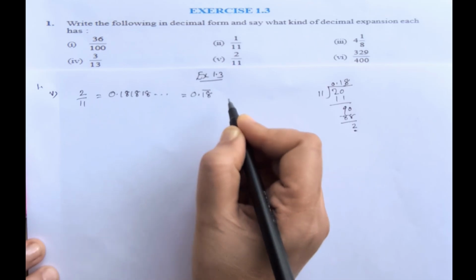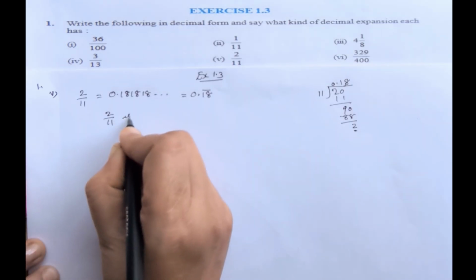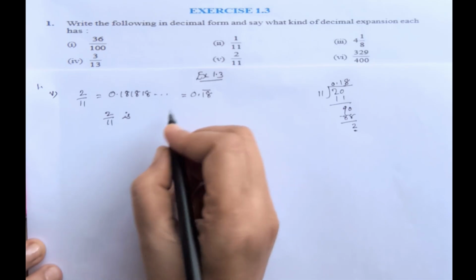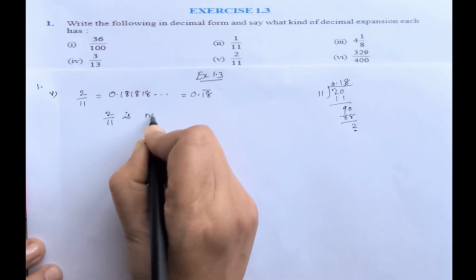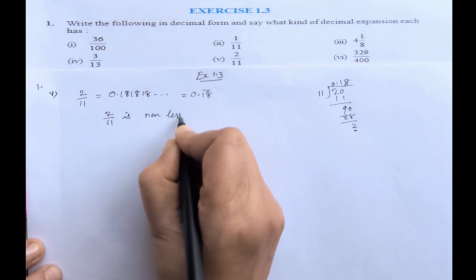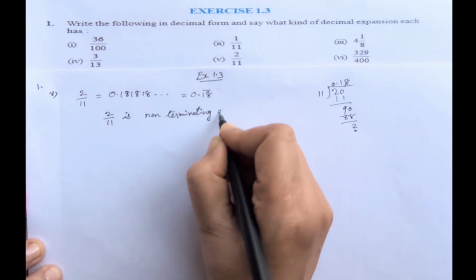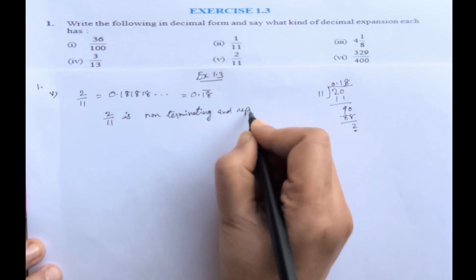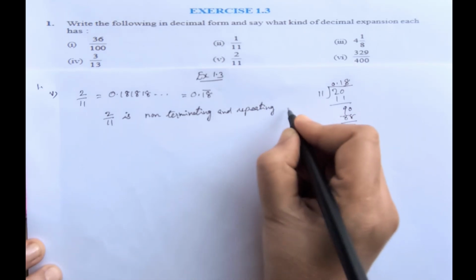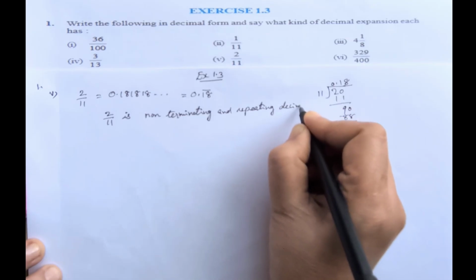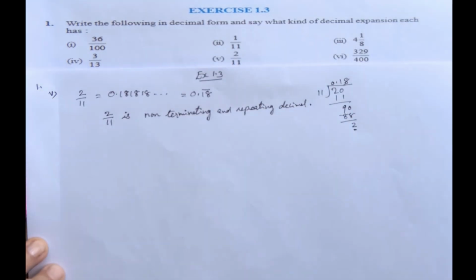That block 18 is repeating. So 2 by 11 is a non-terminating repeating decimal.